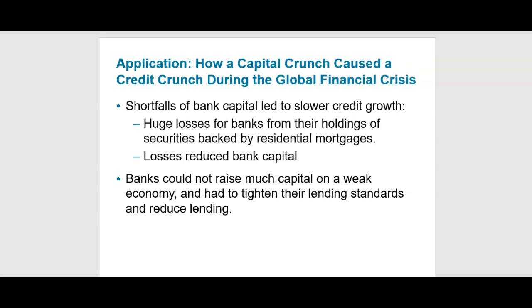The idea behind it is that the huge losses banks took from their holdings of securities backed by residential mortgages reduced the bank capital, but the banks were not able to raise more capital because people were afraid of the whole financial crisis. So the banks could not raise much capital in a weak economy, and they had to tighten their lending standards.